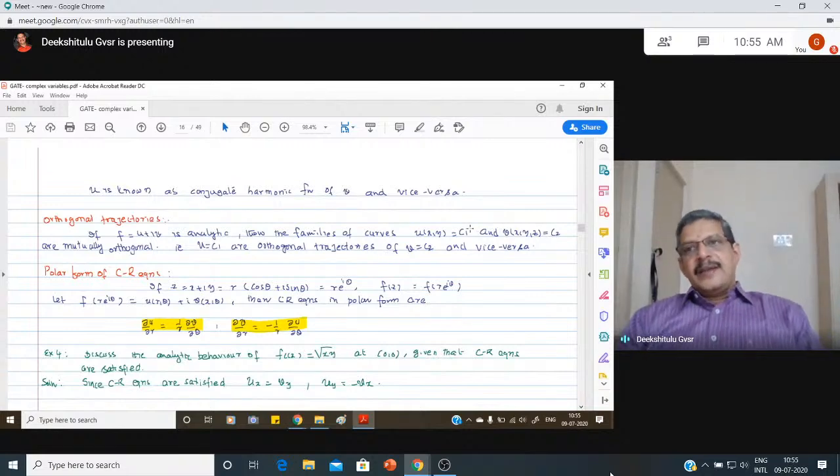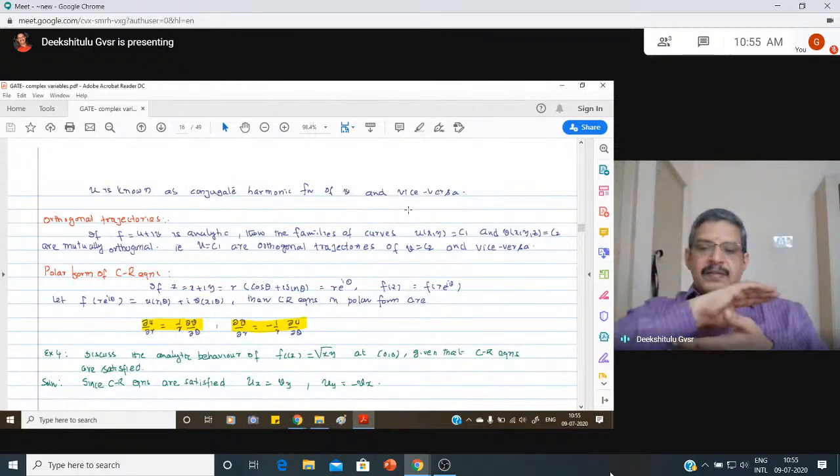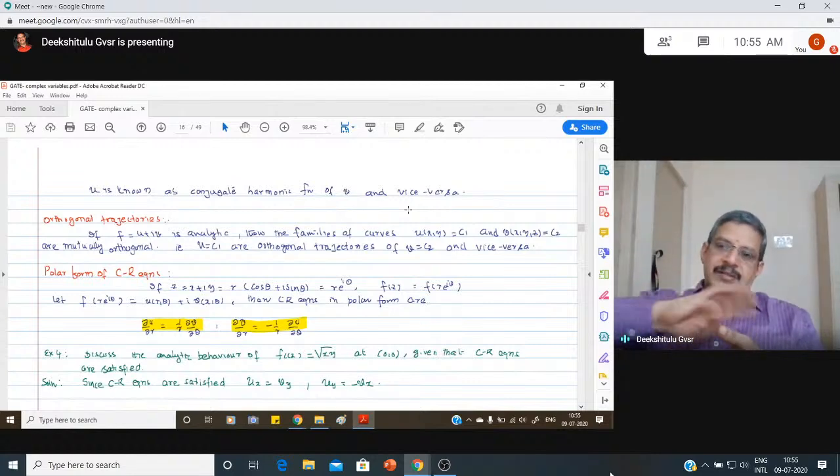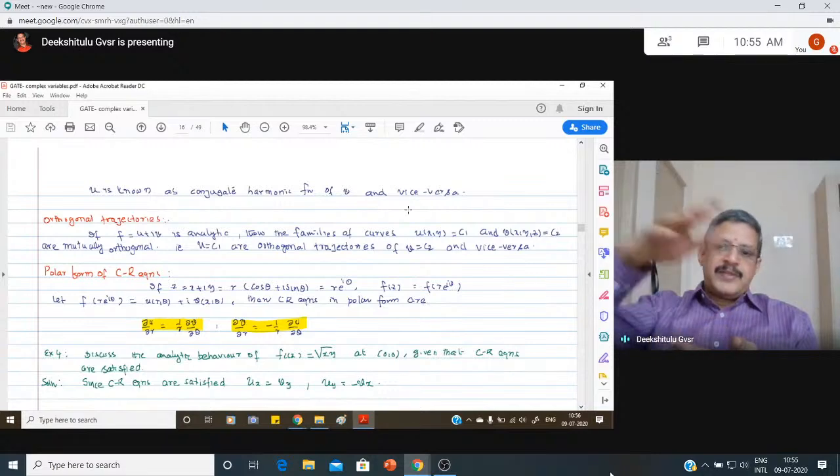As I said earlier while discussing the very first classes, C is an arbitrary constant. There is a lot of difference between constant and arbitrary constant. If it's an arbitrary constant, go on giving different values to C, then a family of curves or surfaces may be generated, because with x and y independent variables a surface is generated.